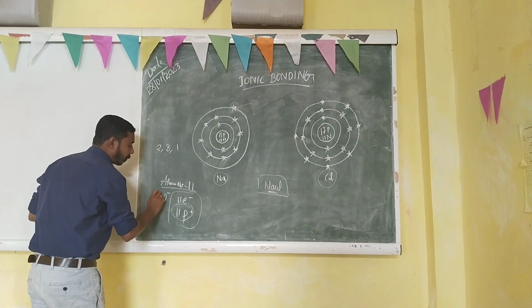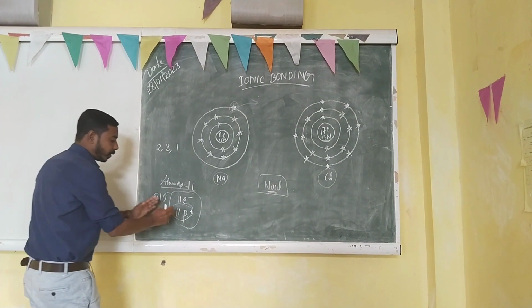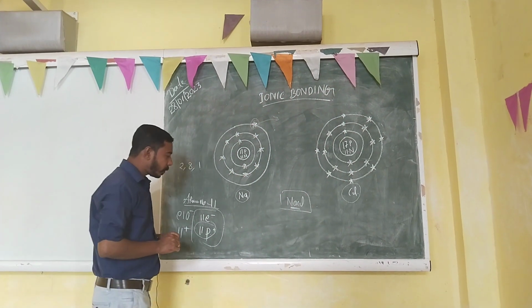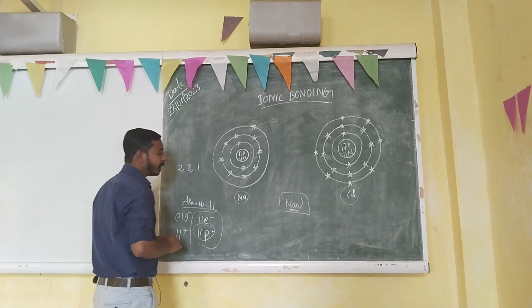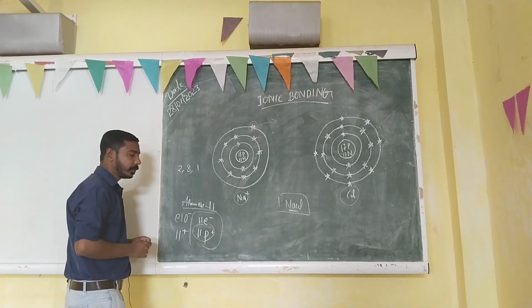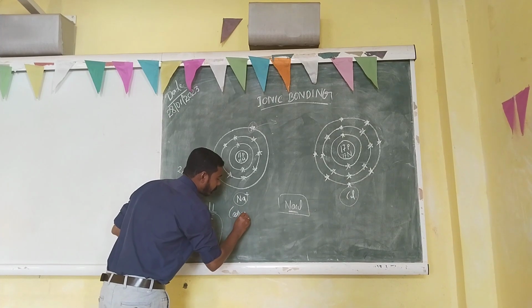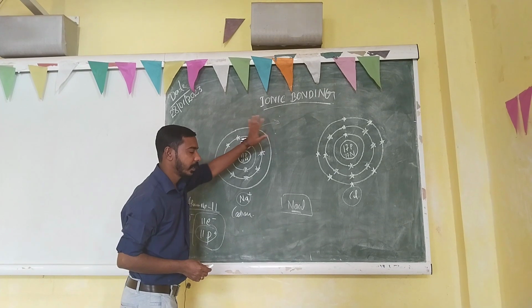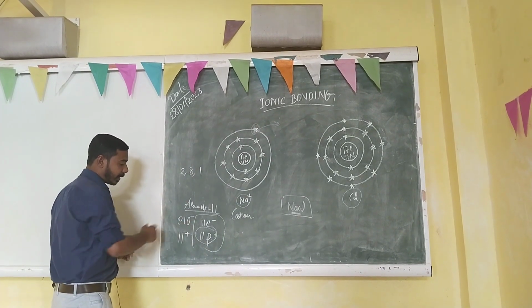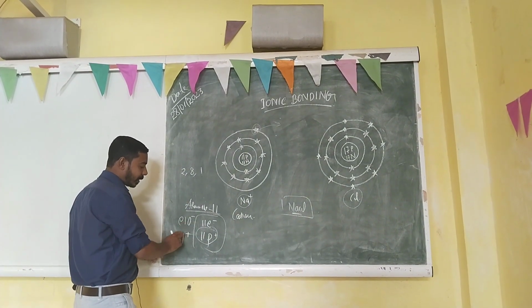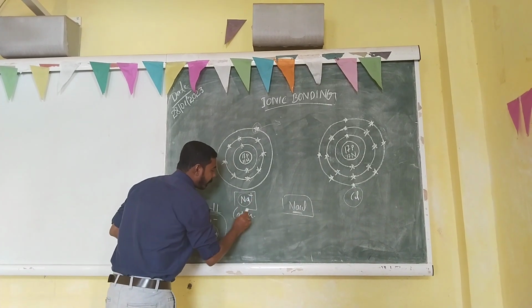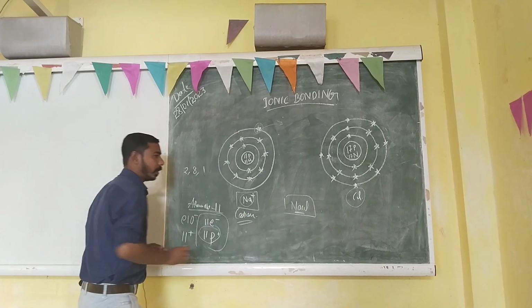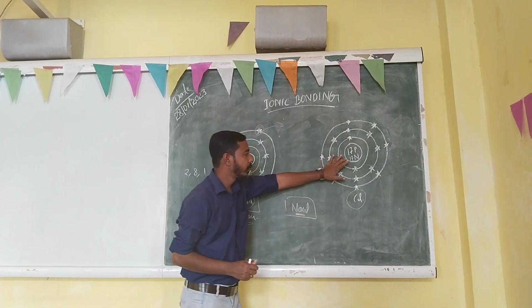But the protons remain the same. So now sodium is a positively charged ion, which is called a cation. Now, let's go to the case of chlorine.